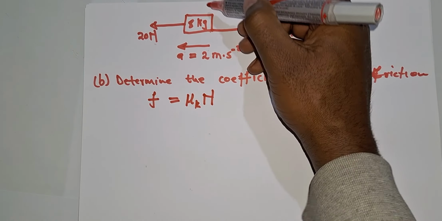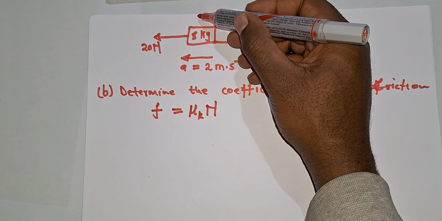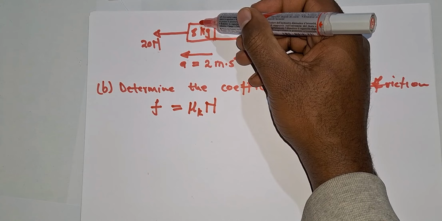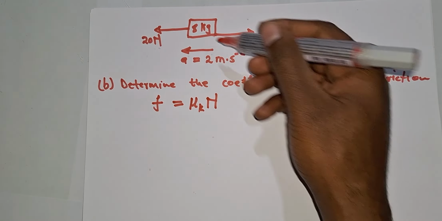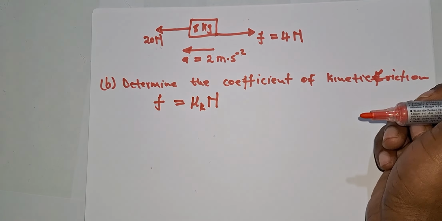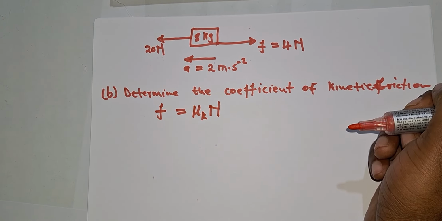The normal force is the one I spoke about in the previous video. It is upward on this object, and it is in the opposite direction of the weight, or the force of gravity.